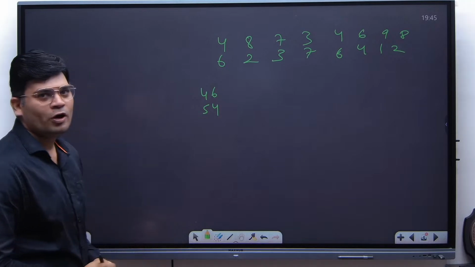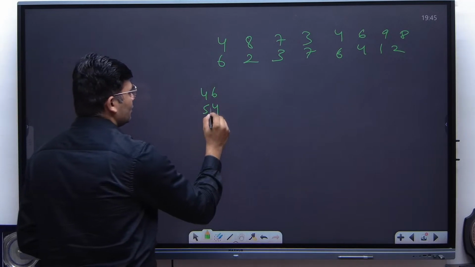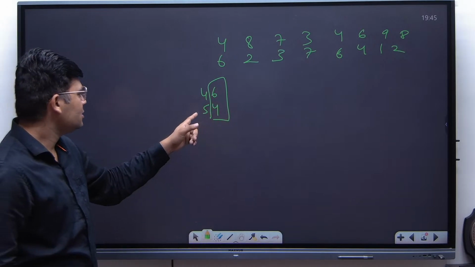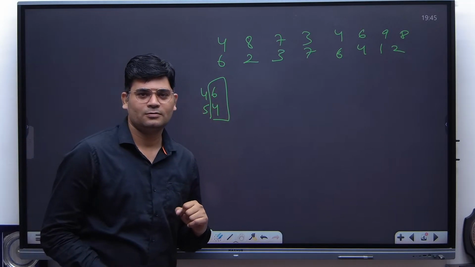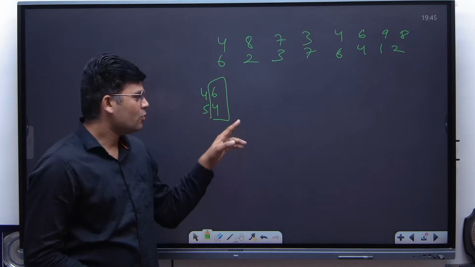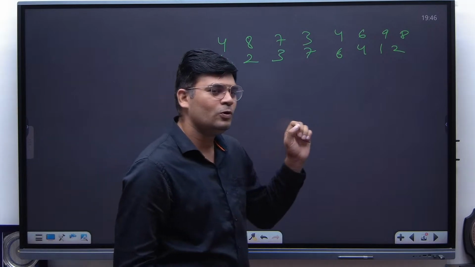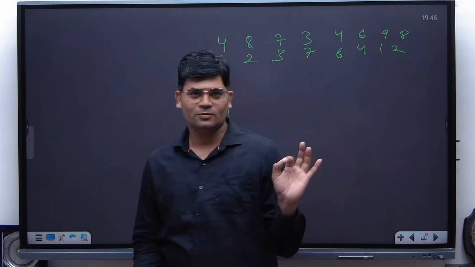The trick involved here is that this number you have to make 10, this number you have to make 9. Why 9? Because this is going to be 1 carry, and the time now given will be only 2 seconds, not more than 2 seconds.